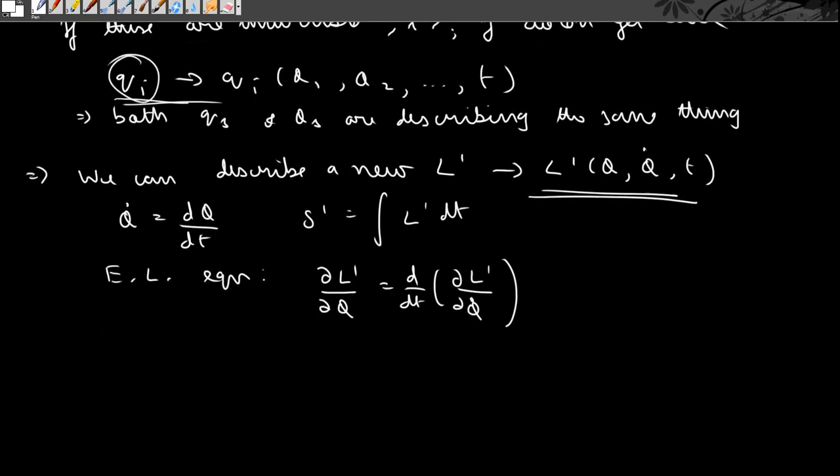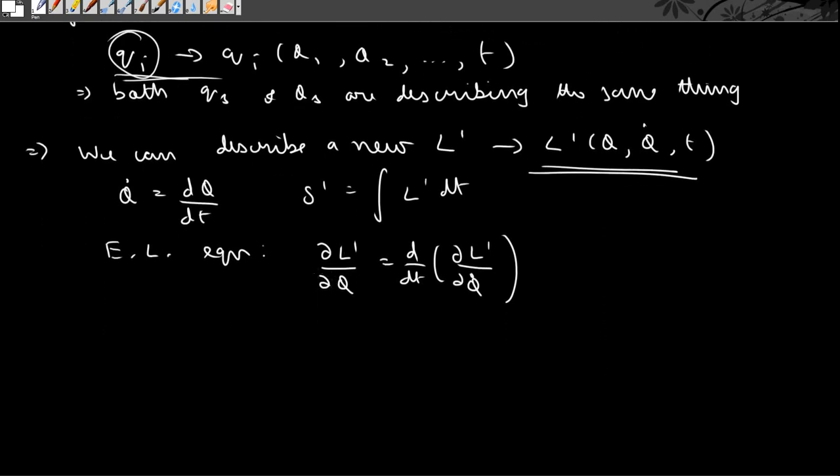If we compare the Euler-Lagrange equation with respect to the new coordinates with the old one, so for the q's we had ∂L/∂q = d/dt (∂L/∂q̇).